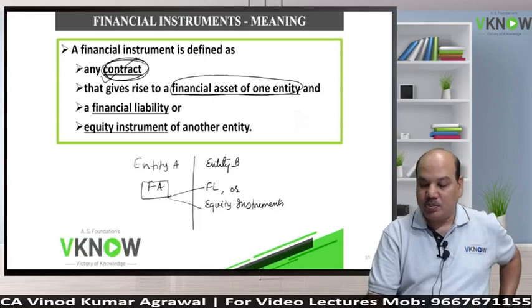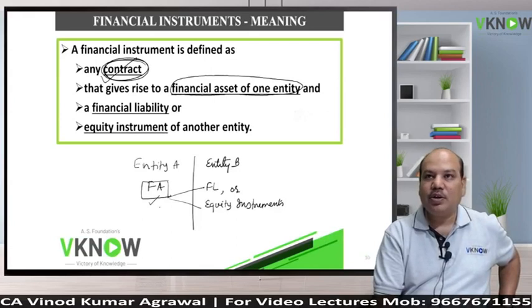Investment in debenture made by entity A, issued by entity B, is a financial asset for A and a financial liability for B. Another simple example, debtor and creditor. A debtor is a financial asset in the books of A, but in the books of B, A is a creditor, a financial liability.